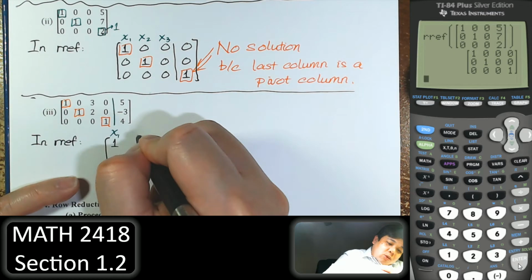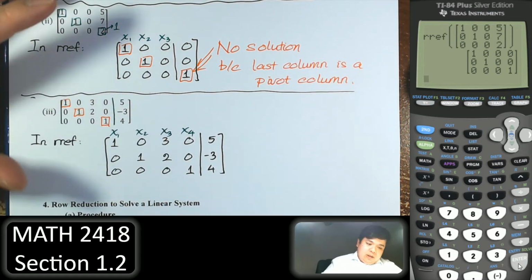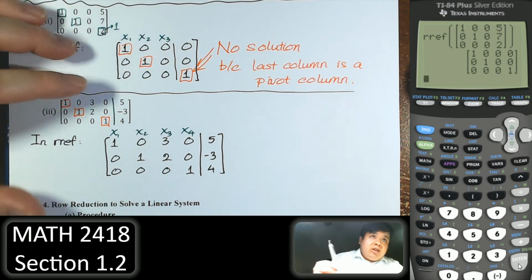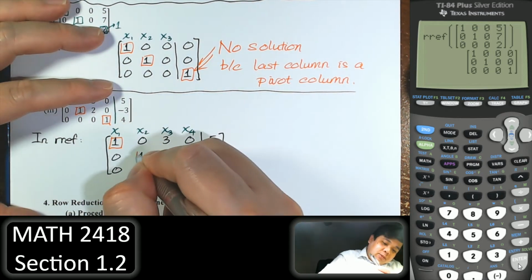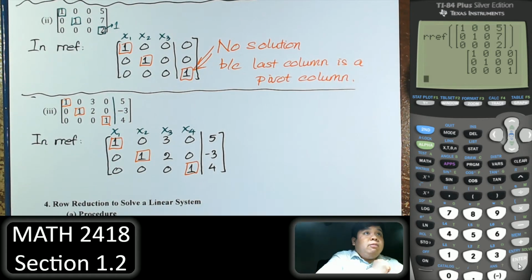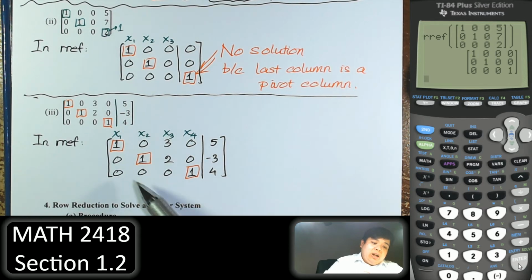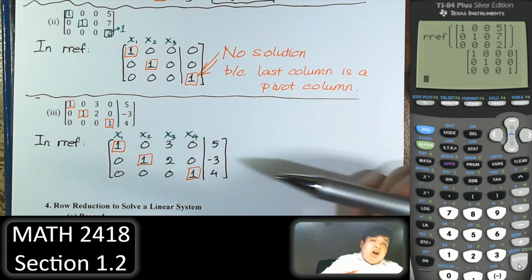Right, x1, x2, x3, x4. The pivots. Right, first non-zero entry, echelon form, all now 1, everything else in that column 0, so that's good.